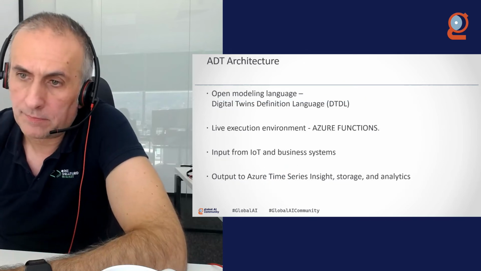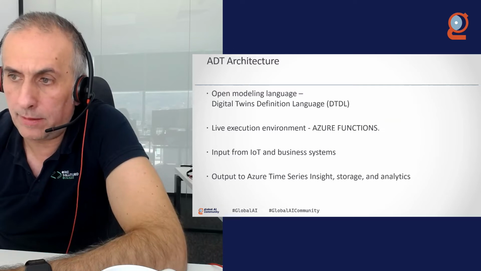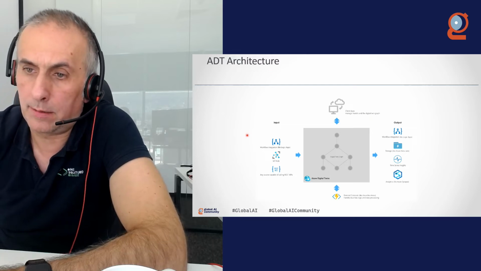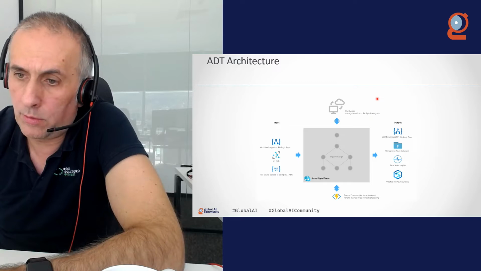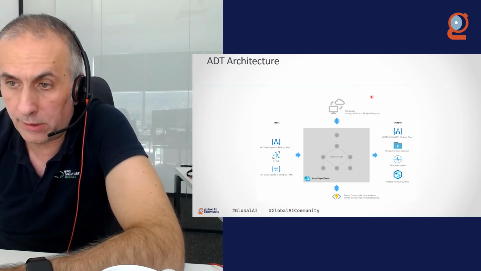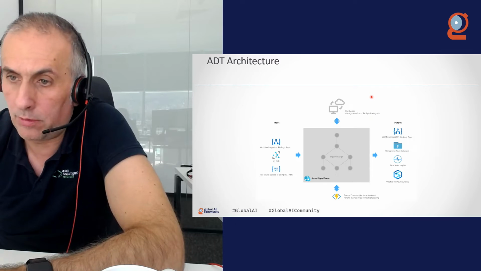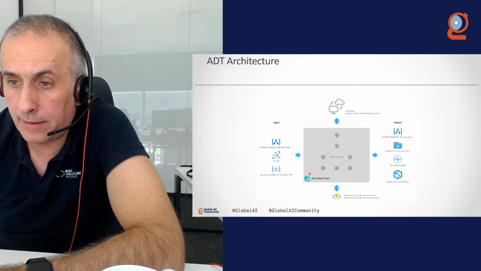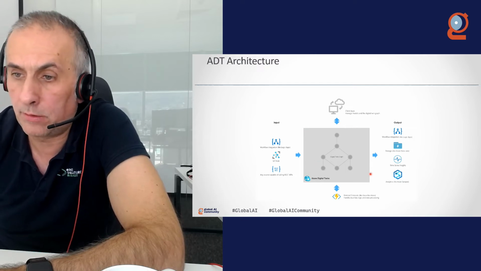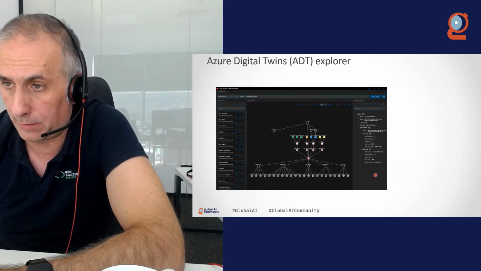About architecture, the nowadays implementation is mostly with integration with other services through HTTP and calls. Usually we have Azure Functions for this, but any kind of service which can do HTTP end calls can be used for sending information to the digital twin service and getting information from this service.